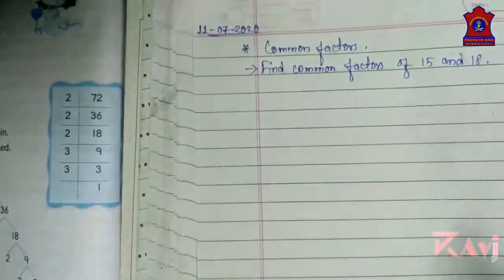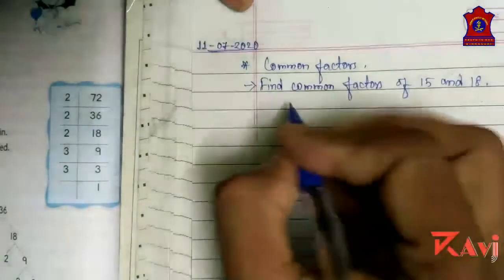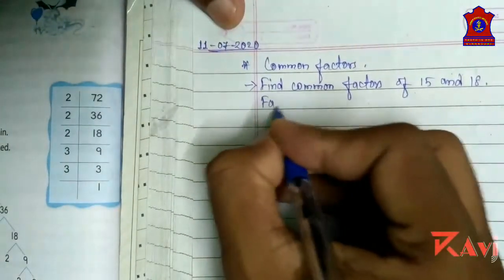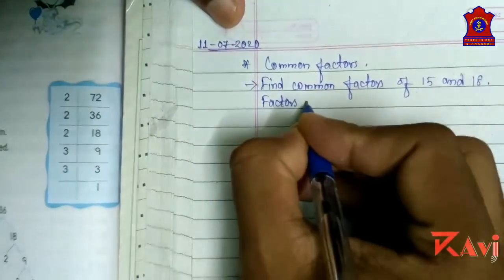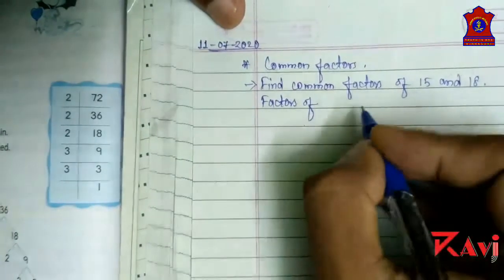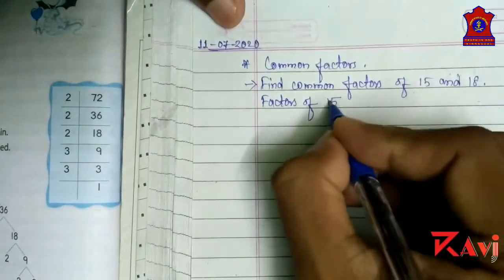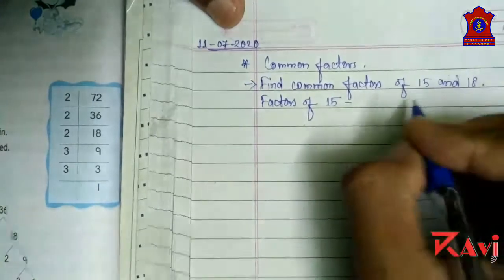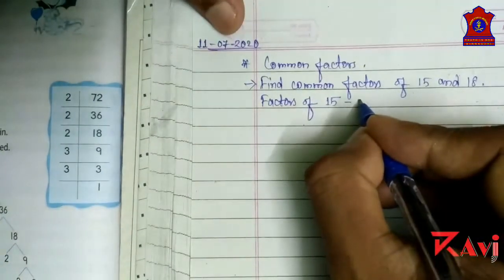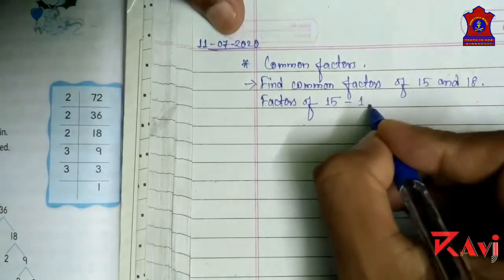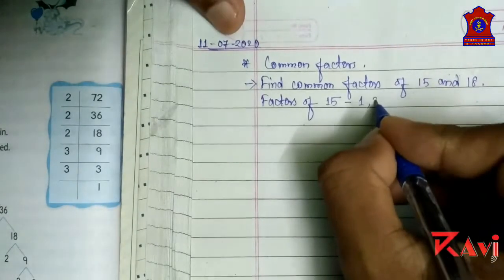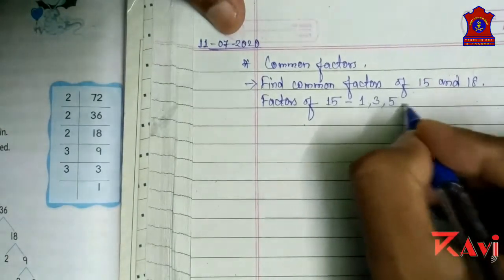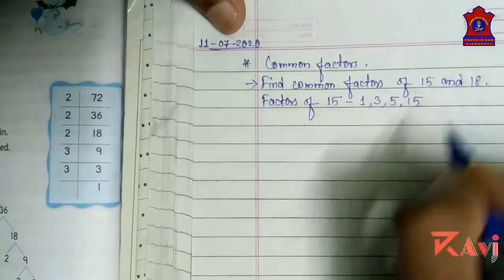Common factors. First of all, we are going to find out the factors of 15. What are the factors of 15? 15 is divisible by 1, then 3, then 5 and 15 only.